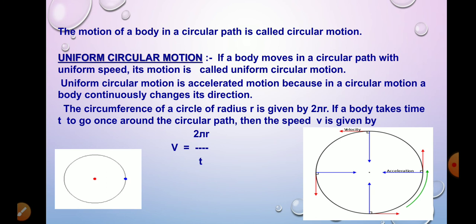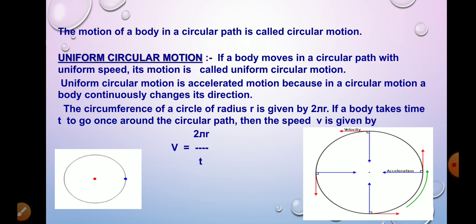Uniform circular motion is an accelerated motion, because in a circular motion a body continuously changes its direction. That means velocity goes on changing at each point, so uniform circular motion is an accelerated motion.